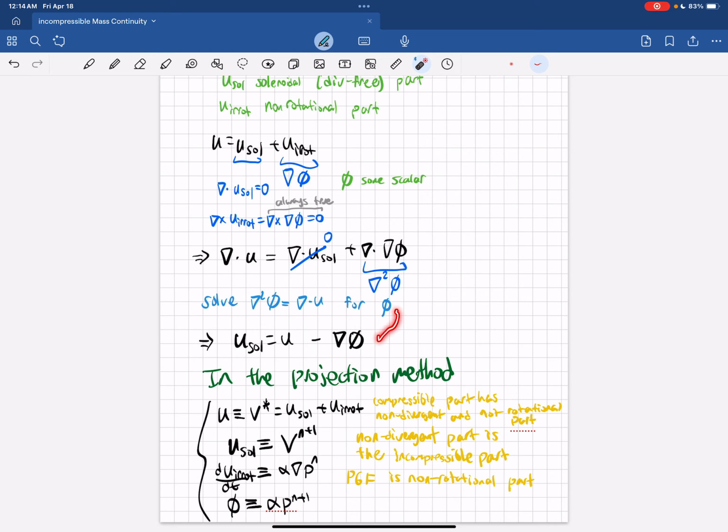You plug the scalar in, and if you know U, then you can get U solenoidal. So you need to know U.